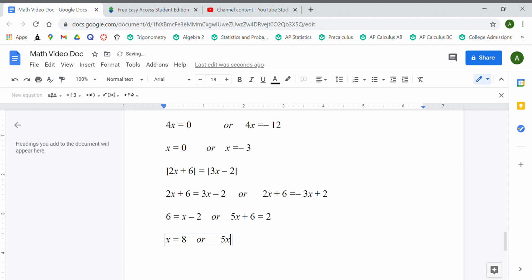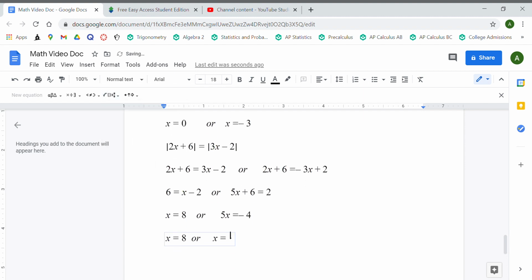Subtract 6 on both sides, we should have 5x equals negative 4. Divide each side by 5. We're just going to drop the solution down. And then over here you should have x equals negative 4 over 5. Pretty cool, right?